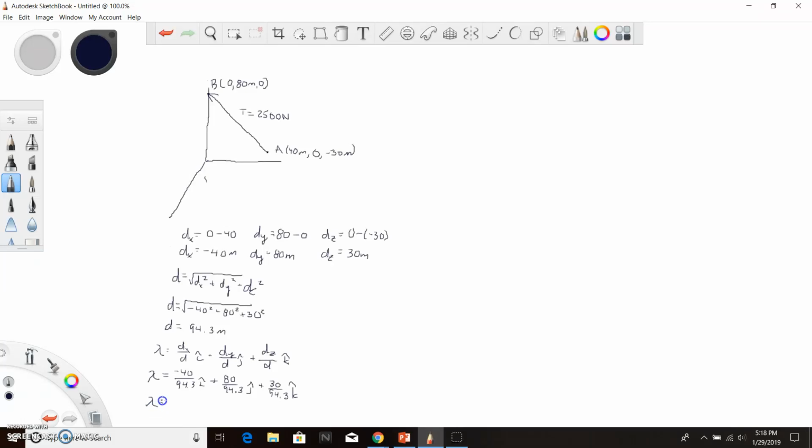So to get our lambda vector, or our unit vector, what I am going to end up with, hold on, my calculator just went crazy.